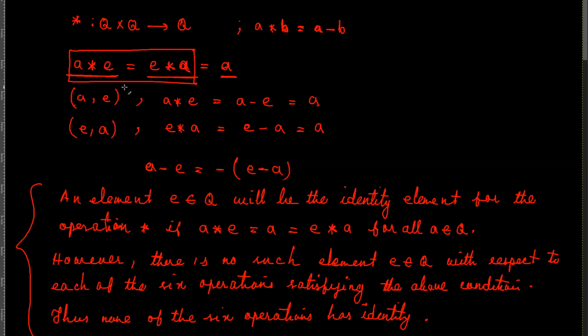Now let's take the second part of this question. The second part is A star B is equal to A squared plus B squared. And A squared plus B squared, of course, is commutative, right?